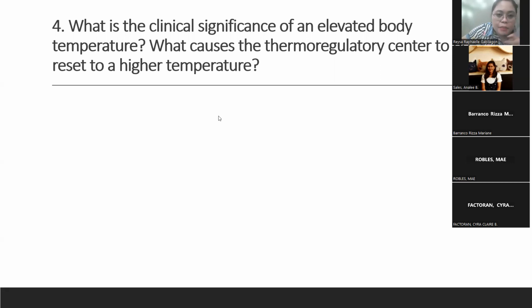The hypothalamus in our brain. So kapag example may infection, marami yan siyang series of chemical reactions in the body involved there. May maraming mare-release including our prostaglandins.